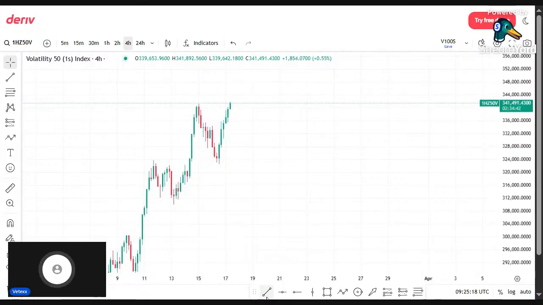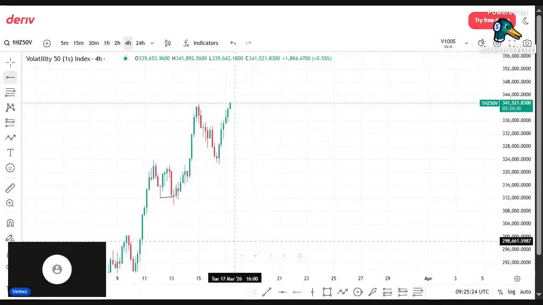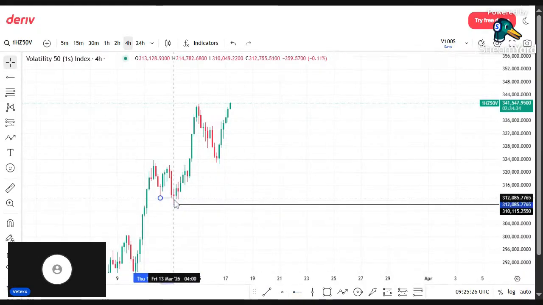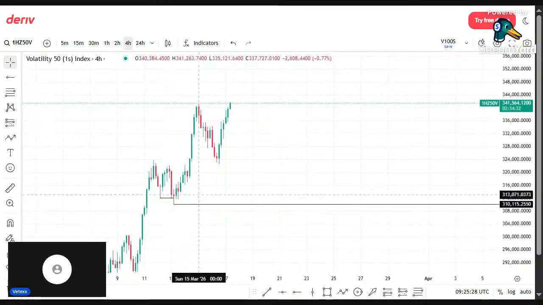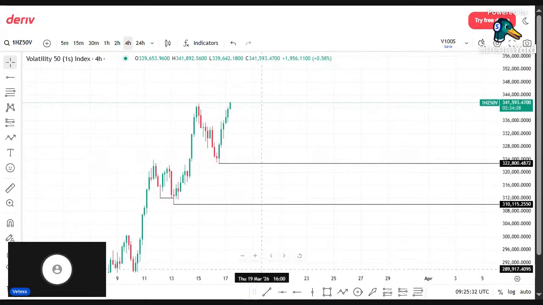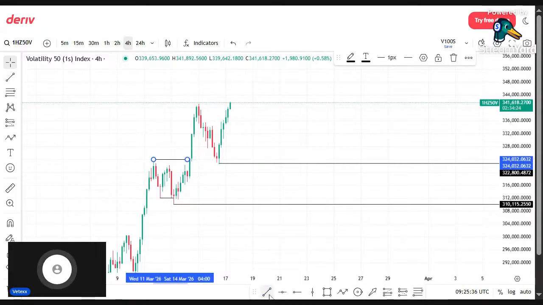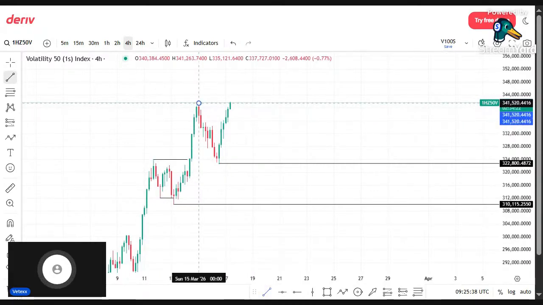So we have our sweep of liquidity, which is here. We have our protected low, which is right here. And then we have structural liquidity, which is here. Okay, so we have our first break of structure here, and we have our second break of structure, which is right here.